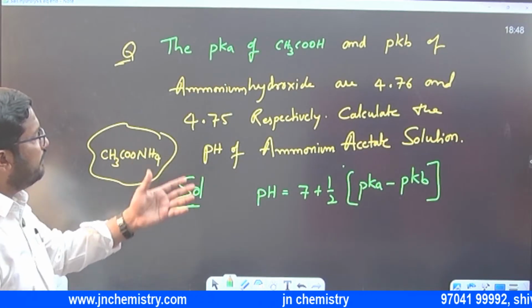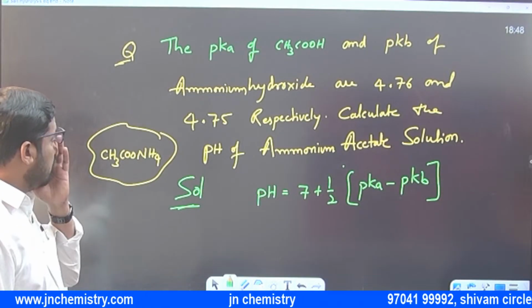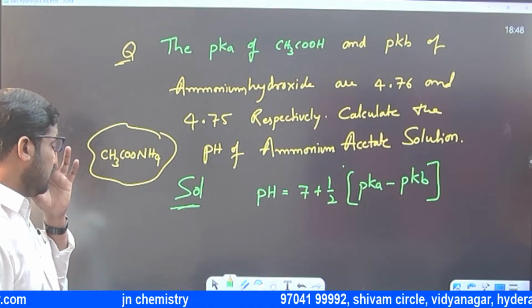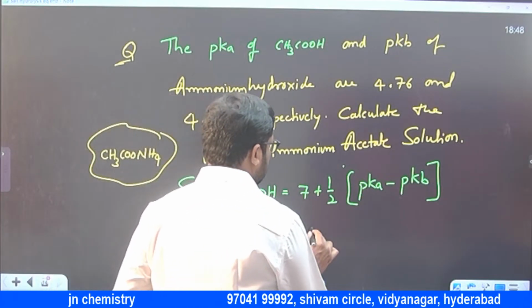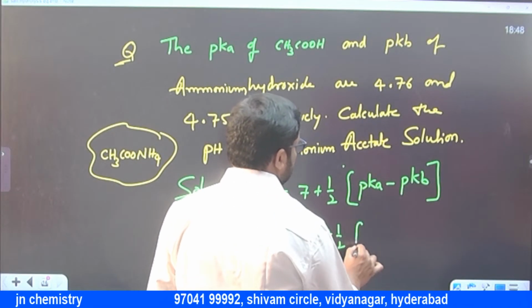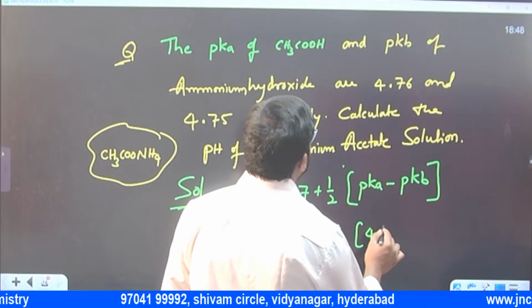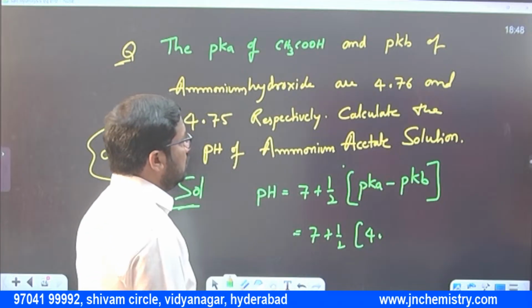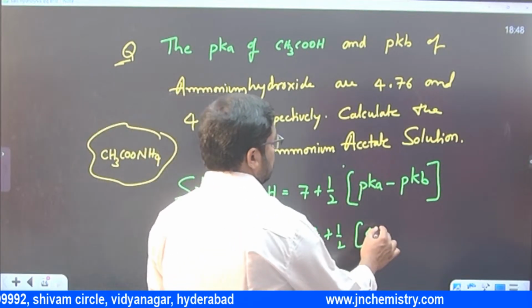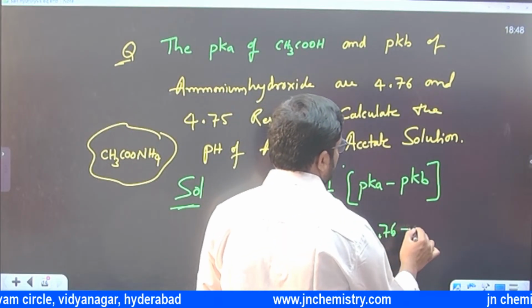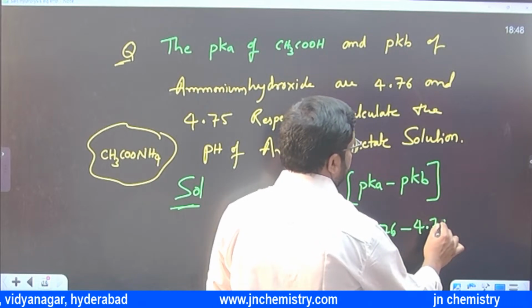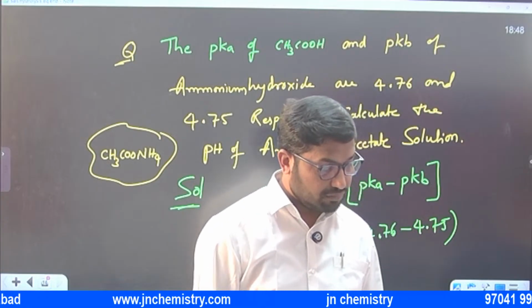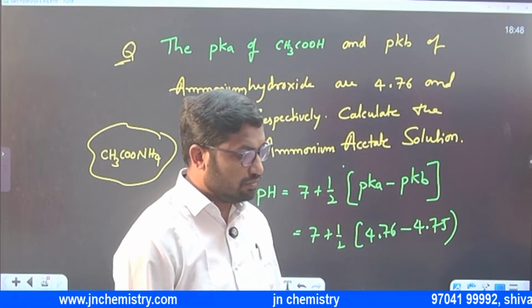Right now. So the pKa value is given. 4.75 minus 4.76, that is 0.01.